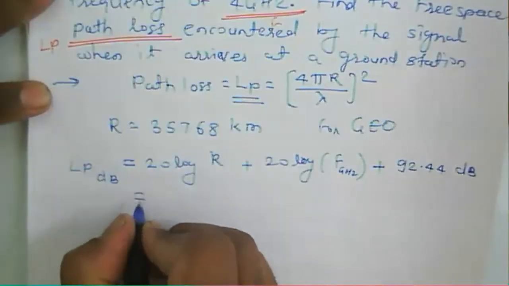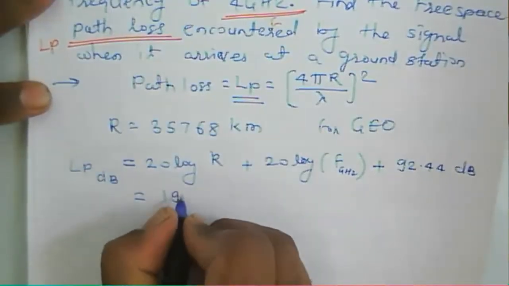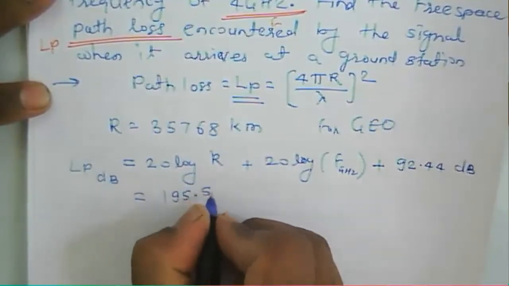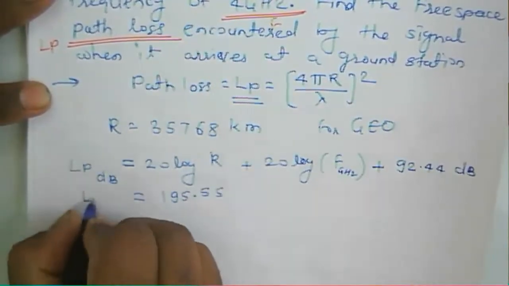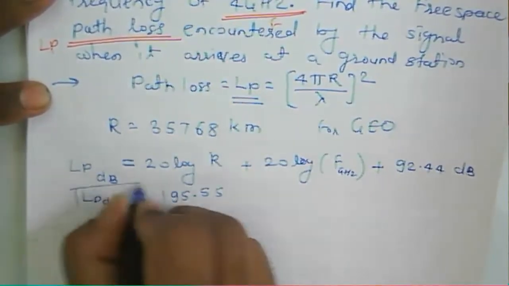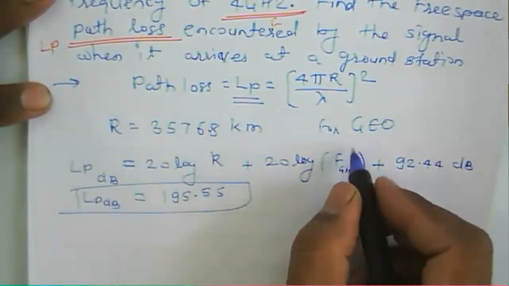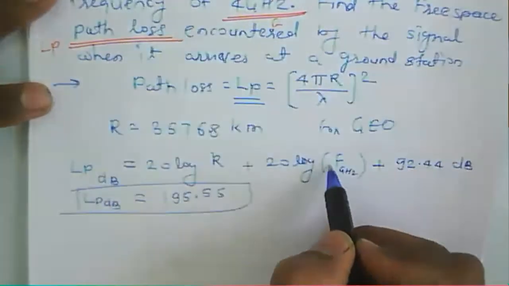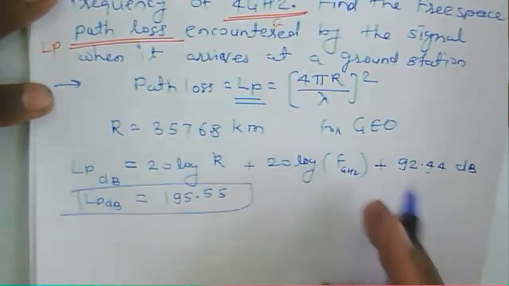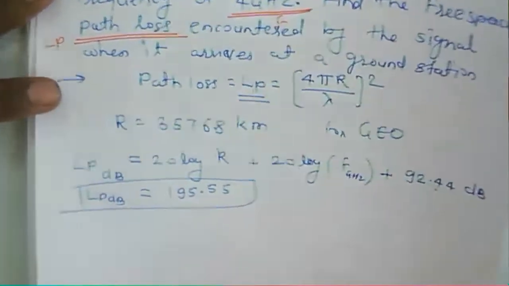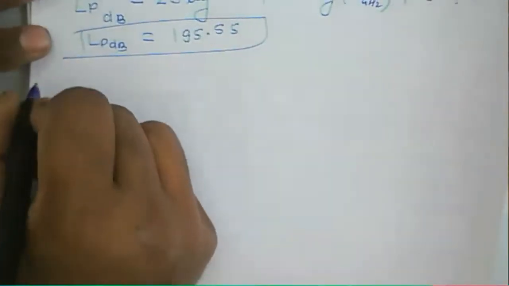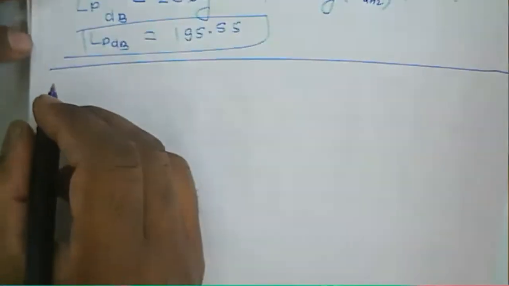So path loss in dB, that will be 195.55 dB. That will be the answer. So you put in the R value, F in gigahertz, that is 4 gigahertz as given, and you'll get the path loss of 195.55 dB here. That will be the answer for this.